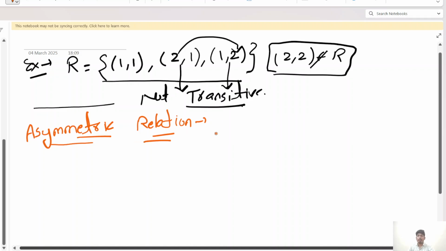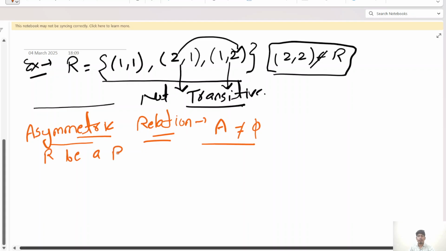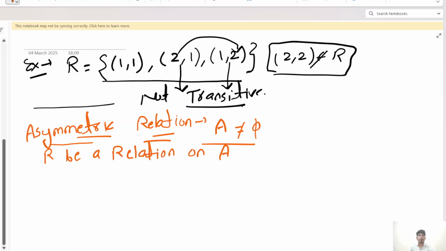Same theory. Let A be a non-empty set and R be a relation on A is said to be antisymmetric. Sorry, asymmetric.